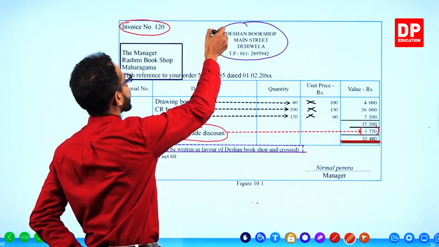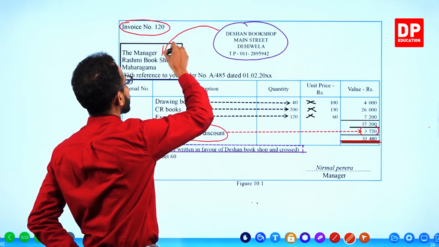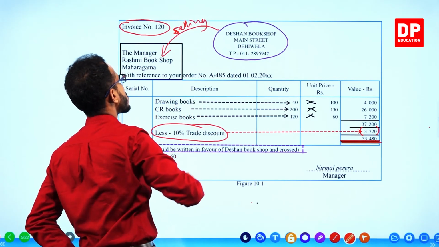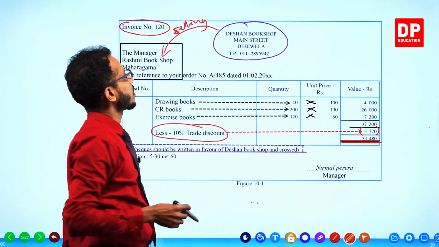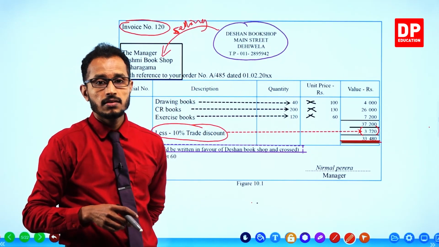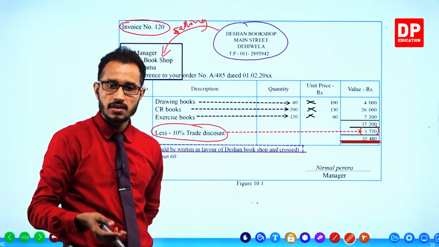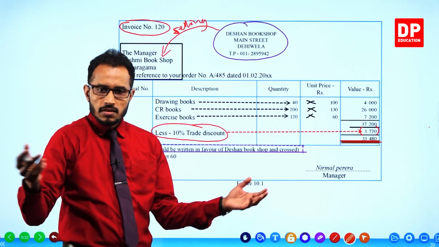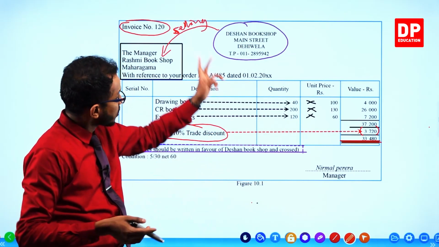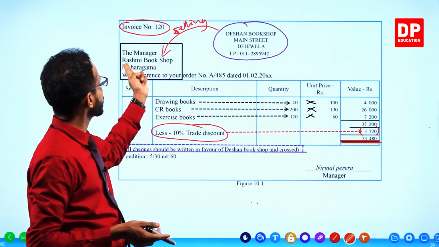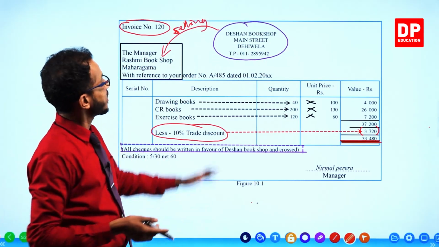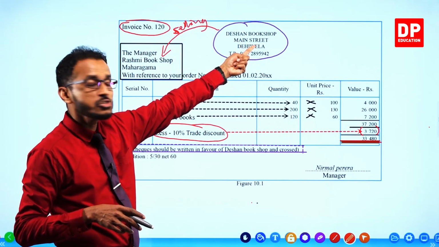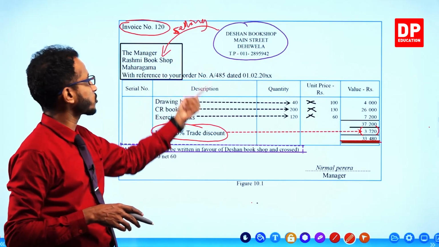Deshan Bookshop is the seller, Rashmi Bookshop is the buyer. So this invoice is issued by Deshan Bookshop to Rashmi Bookshop.